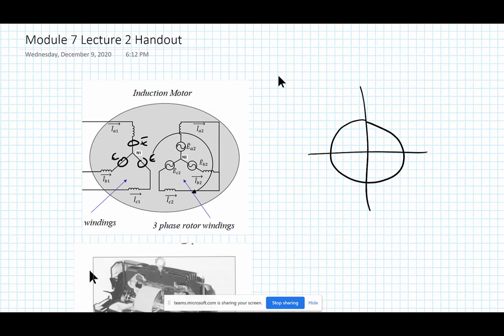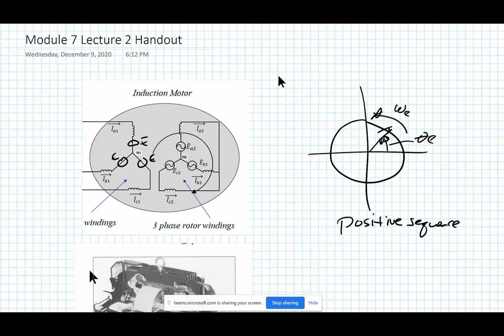We've been talking about this all along: you've got this vector moving in this direction, that's the speed of it, and your angle, theta E, is going in this counterclockwise direction. You would call that a positive sequence.